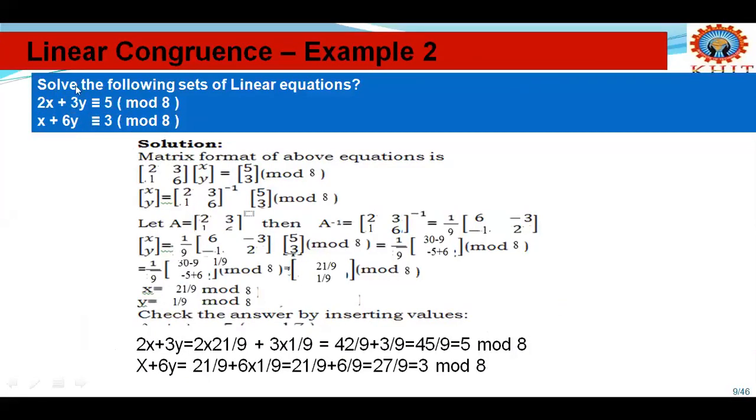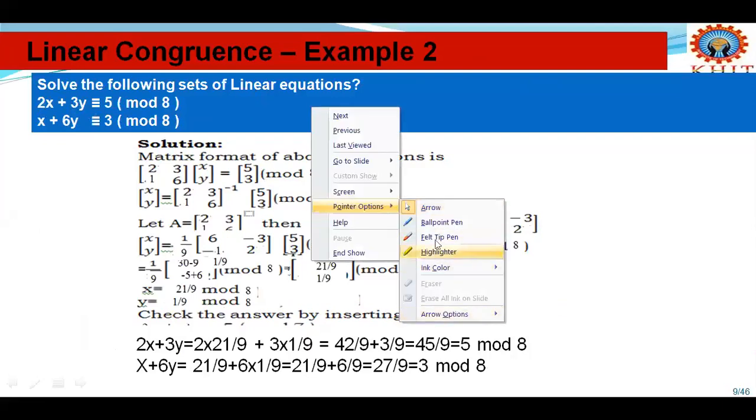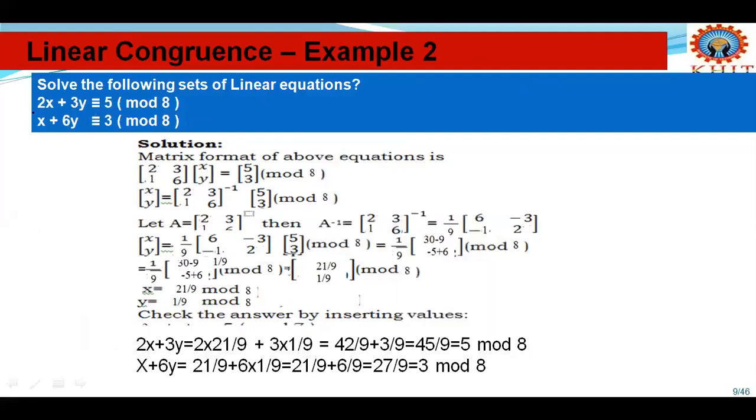Then the matrix format of these two equations is [2, 3; 1, 6] as the coefficient matrix, the variables x, y, and 5, 3 as b1, b2 mod 8. If you want to find the x, y values, they equal the inverse of [2, 3; 1, 6] times [5, 3] mod 8.